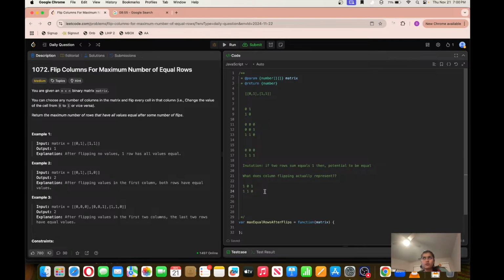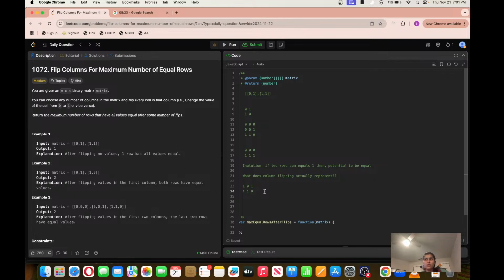So if I flip a column, then all the rows will change for that column. So two rows can only be equal if it is 0 and this becomes 1, then becomes 0, and if another column is 0 and that column is 1.